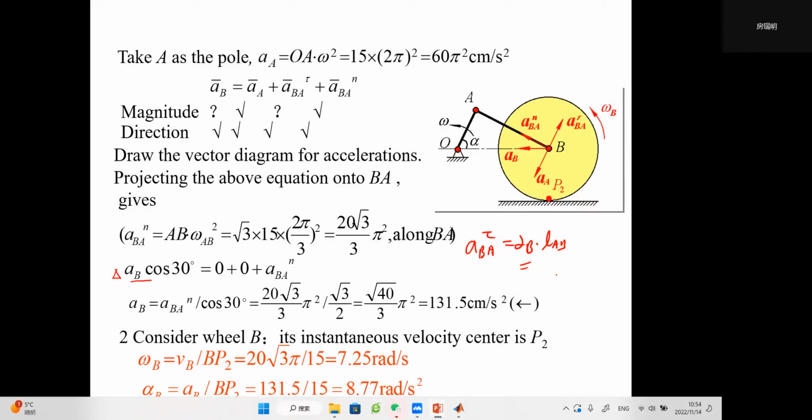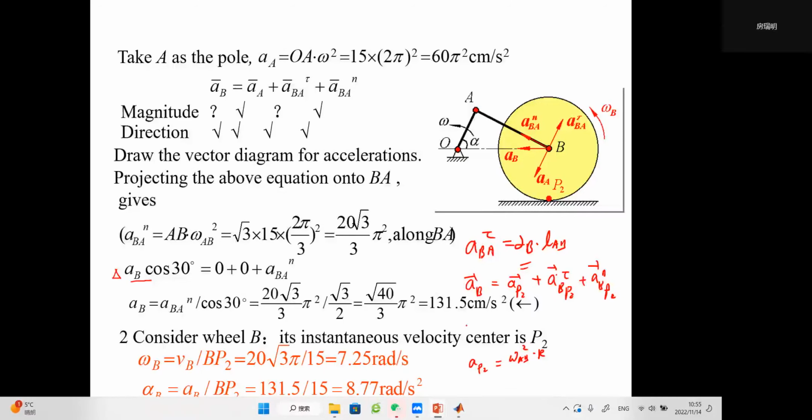So this AP' equals omega AB squared times R. And we can also find AB, because we can write AB equals AP' plus ABP'τ plus ABP'n.